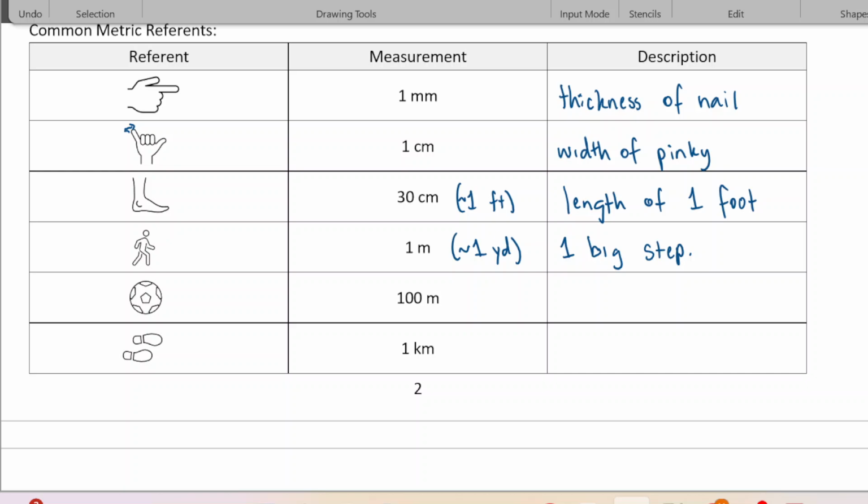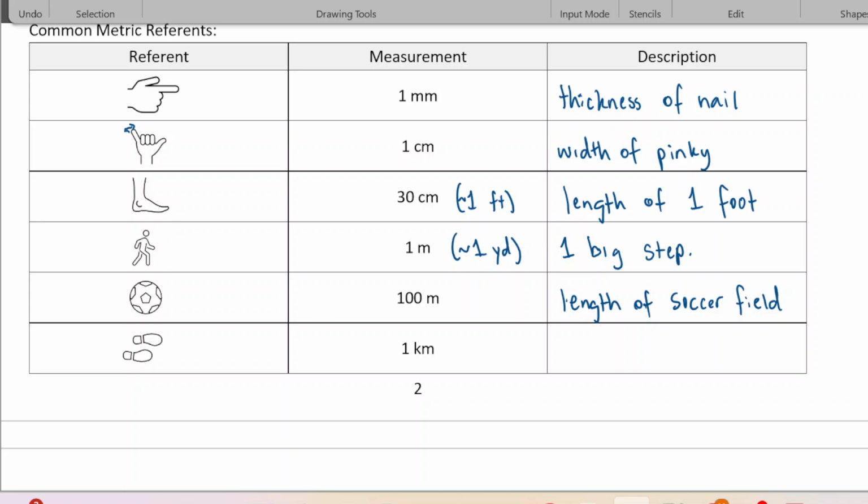Okay, 100 meters, about the length of a soccer field if you add a bit to either end. Think also about a track, right? The 100-meter is the length of the track, the flat side, the longer side. Okay, and then 1 kilometer.